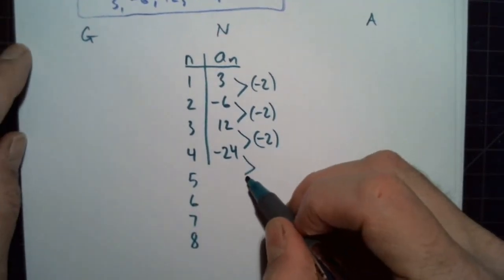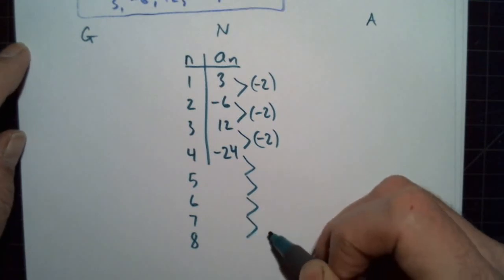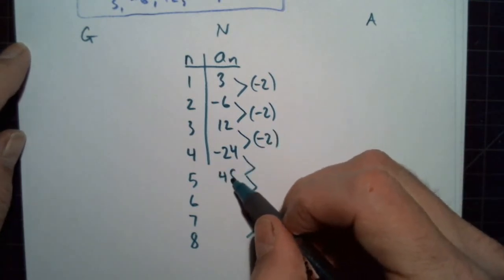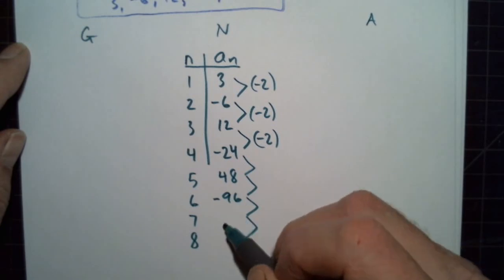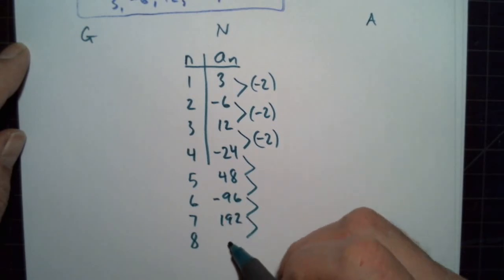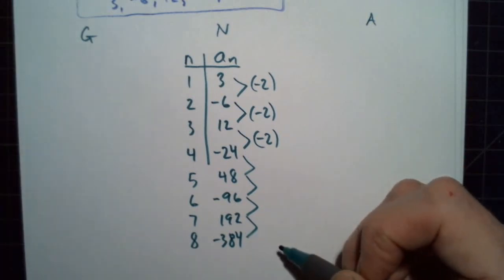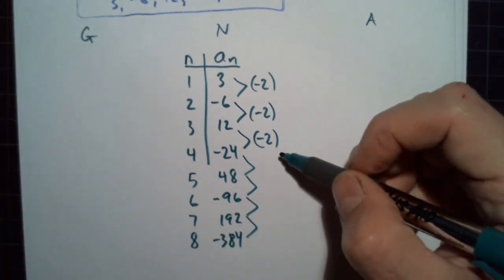So then we just keep on multiplying by -2, and we would get 48, -96, 192, -384. So we answered the question just with a table, and we identified the pattern.